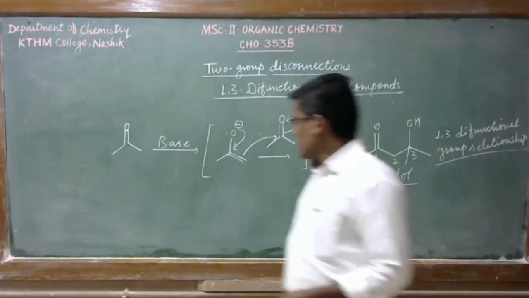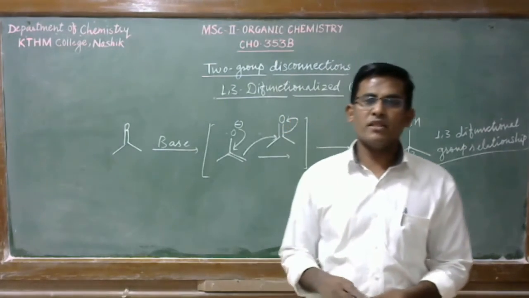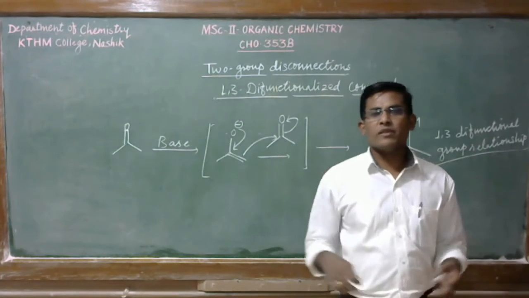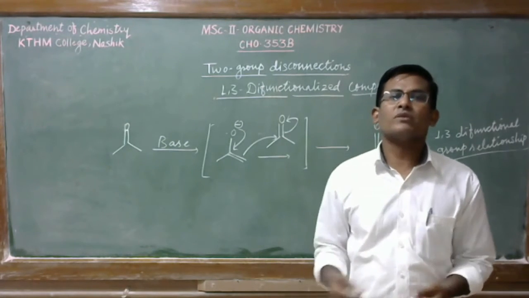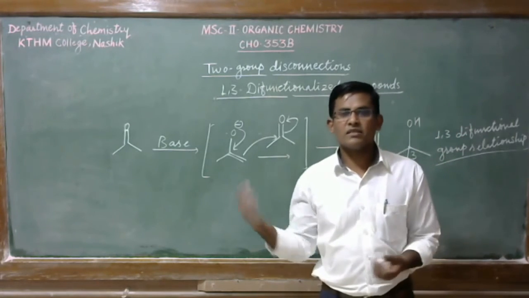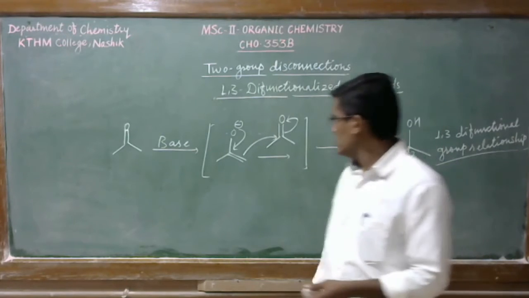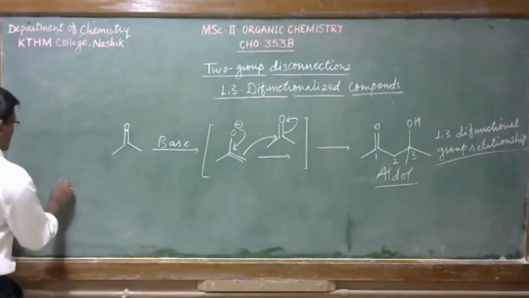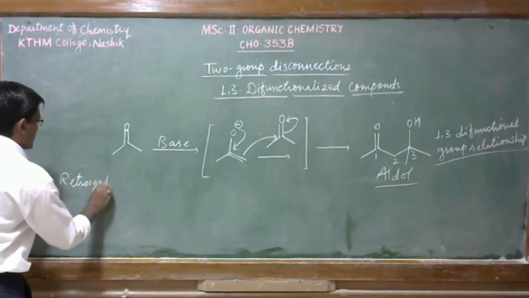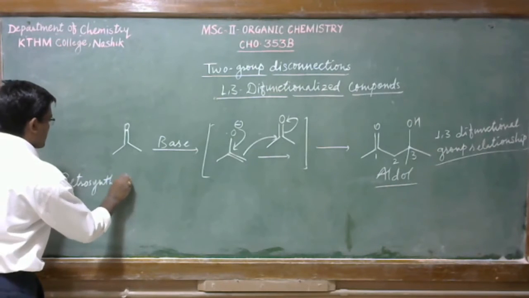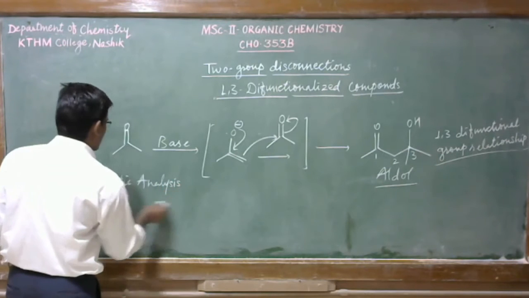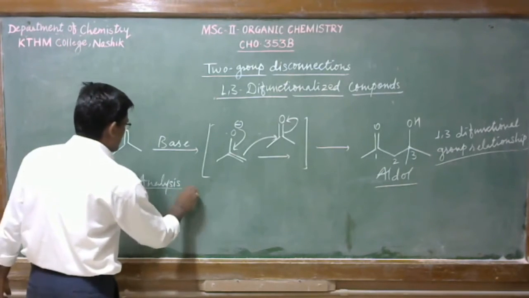So whenever you find a 1,3 relationship in the target molecule, you should think about the aldol. Consider the retrosynthetic analysis for this aldol.